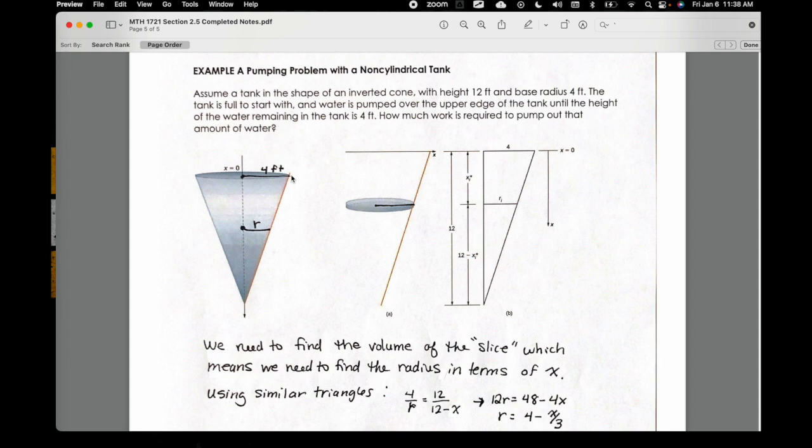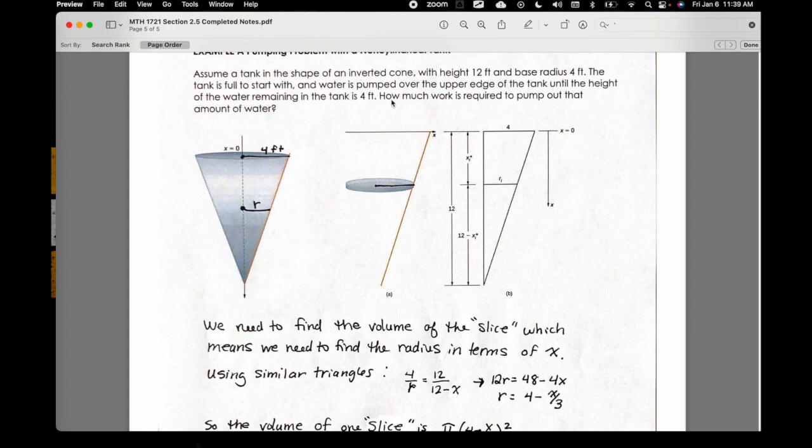The tank is full to start with, and the water is pumped over the upper edge of the tank until the height of the water remaining in the tank is 4 feet. So we want 4 feet to be left, which means if we start here, we want to partition the interval from 0 to 8. We want to go from 0 to 8. We want to stop at 8, so there's 4 feet left.